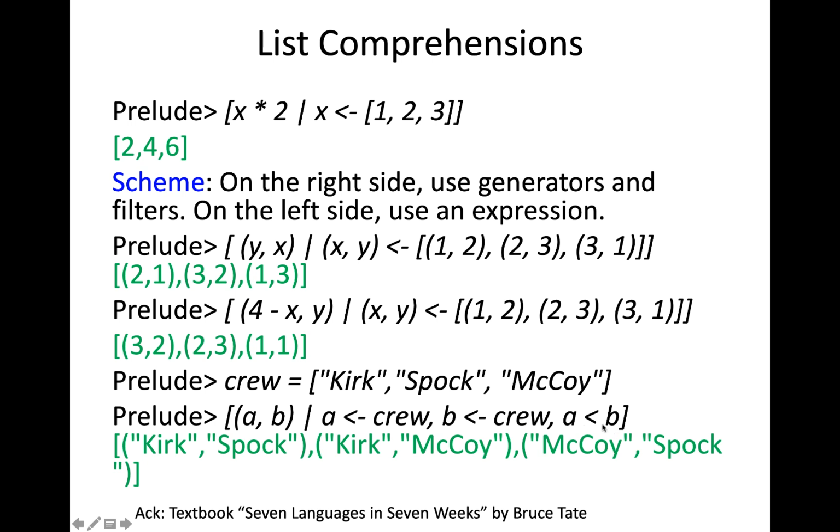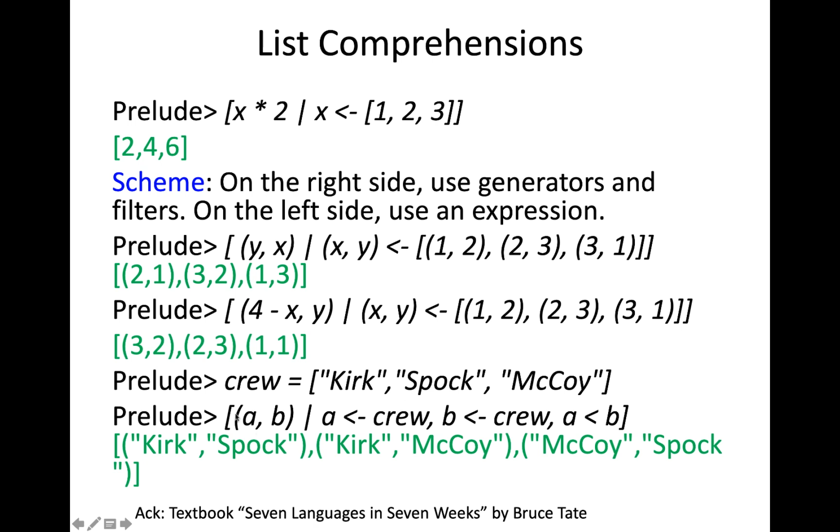So A is less than B, that means this word A should appear before the word B in the dictionary, in alphabetical order, and the expression is A comma B. So if you do the calculation, you see that one possibility is A is Kirk, and one possibility is B is Spock, and that satisfies A less than B because Kirk starts with K, Spock starts with S, so Kirk is less than Spock, right?